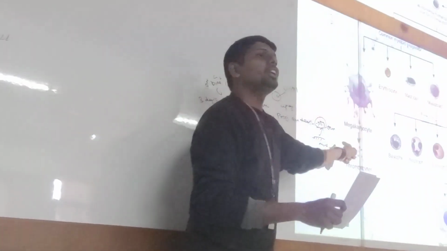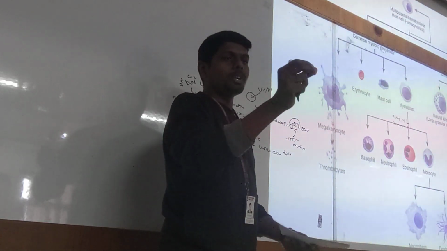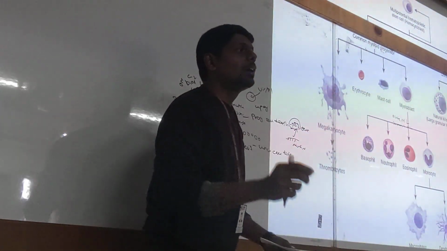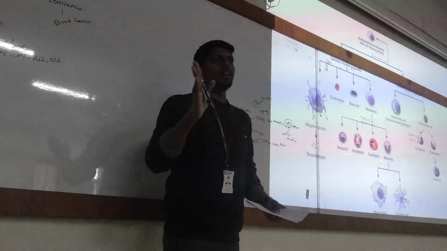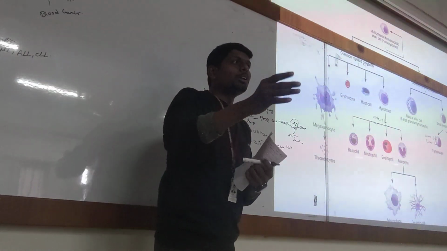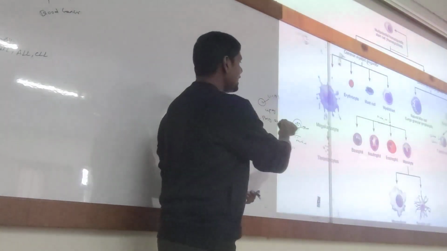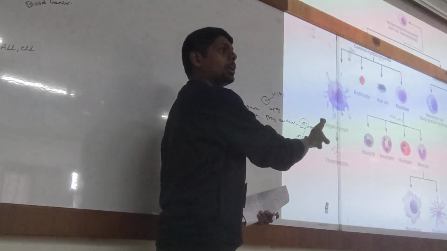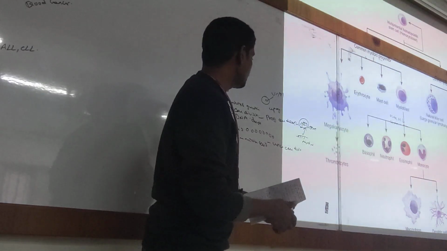P53 maintains the number of times a cell will divide. I can say a person can only have 10 children, and the rule is P53. When there is no rule, the person can have 100 or 10,000 children. Similarly, a cell will lose its program and divide uncontrollably, and there will be huge consequences.